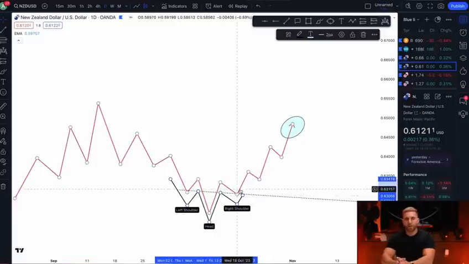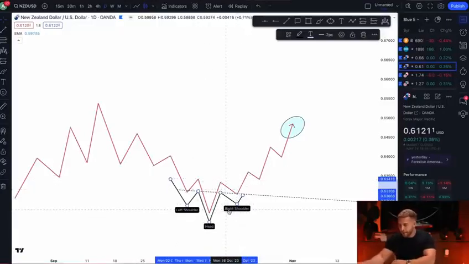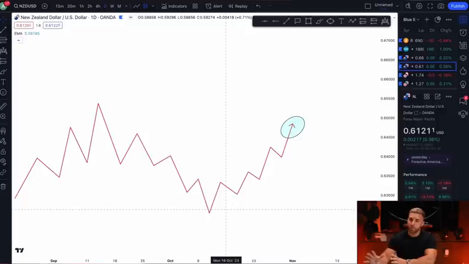Inverted head and shoulders patterns usually happen at the bottom of a trend as a reversal, and then head and shoulders happen at the top of a trend as a reversal. So these patterns are used as reversal patterns. This is an inverted head and shoulders pattern, which happened at the bottom of the trend to then shift this market to the upside.